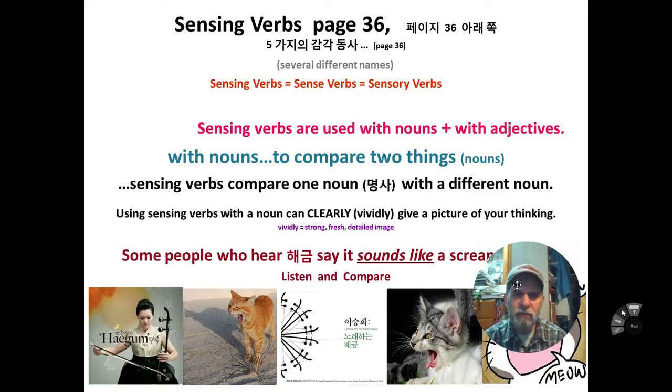Using sensing verbs with a noun can clearly, vividly give a picture of your thinking. Vividly. What's vivid? Vividly means a strong, a fresh, a detailed image, a detailed picture of what you're thinking about.